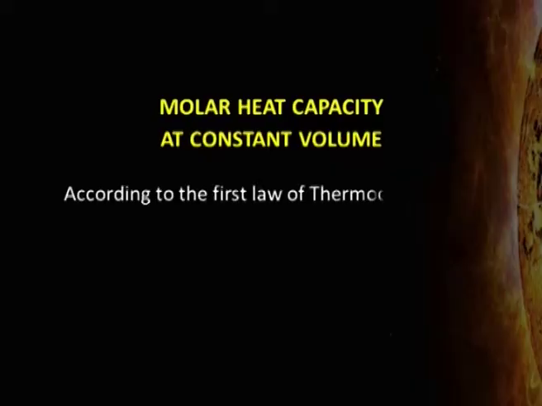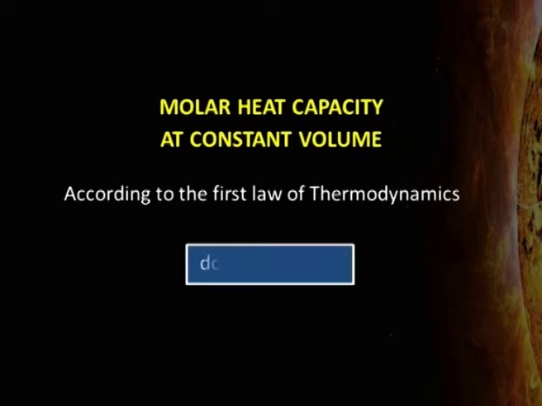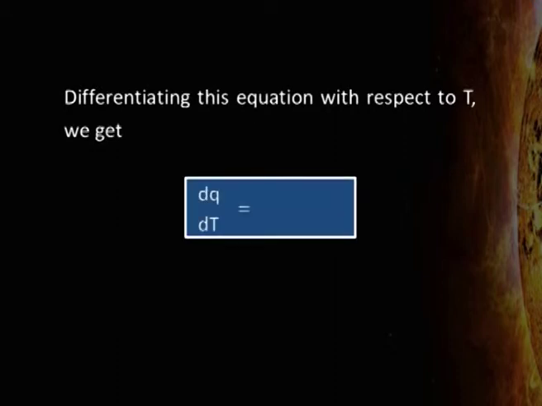According to the first law of thermodynamics, we know that dQ is equal to dE plus PdV. Differentiating this equation with respect to T, we will get dQ by dT equal to dE plus PdV divided by dT.